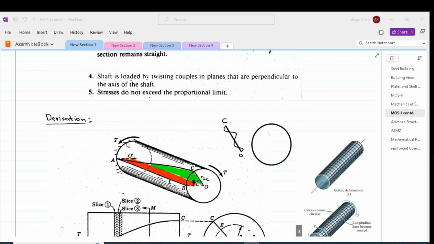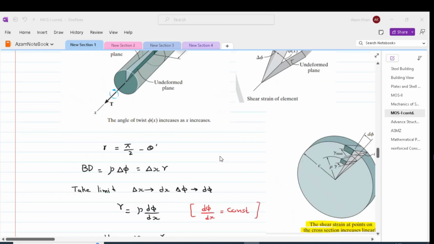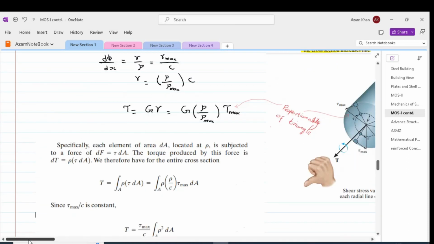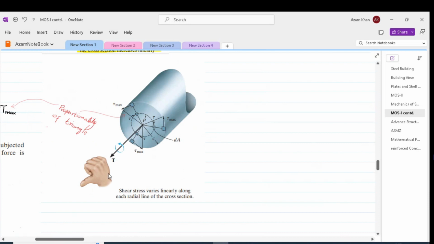These two torques are perpendicular to the axis of the shaft. So if we assume a right hand rule, according to that, the thumb of the right hand will give us the direction of the moment if the finger curls are in the direction of the applied moment. So the outward drawn normal corresponding to the moment, or corresponding to the thumb, is in line with the axis of the shaft.